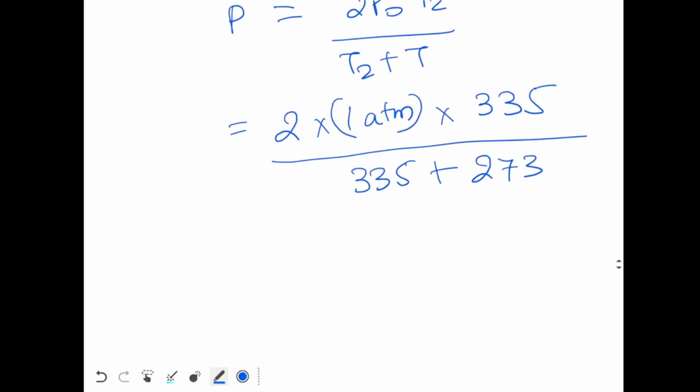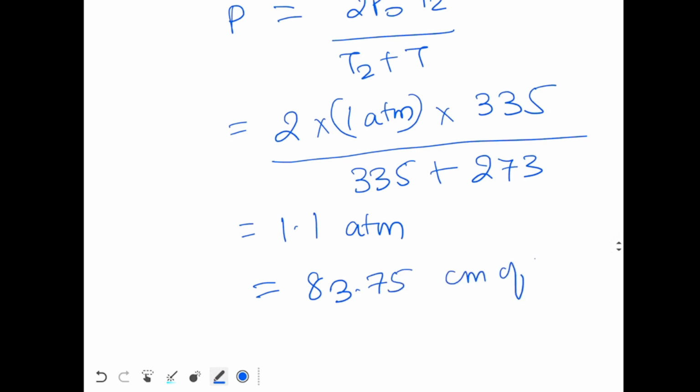So this will come out to be equal to 1.1 atm, or 83.75 centimeter of mercury. This is the final pressure P.